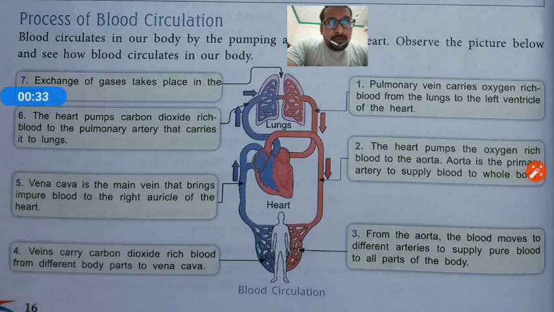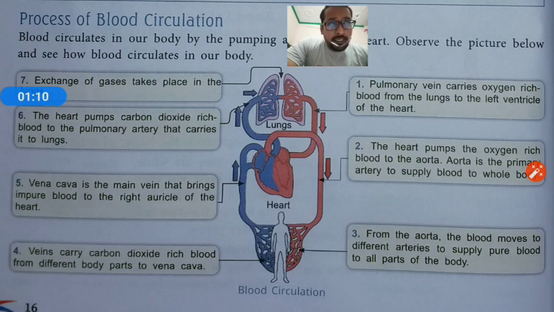After all, let me tell you, this is just a picture. Actually, both lungs perform the exchange of gases. So in number 1 in the picture, it is shown that the pulmonary vein carries oxygen-rich blood from the lungs to the left ventricle of the heart.